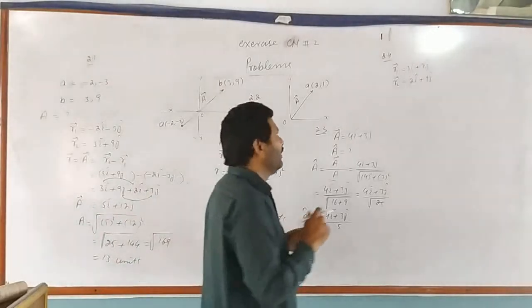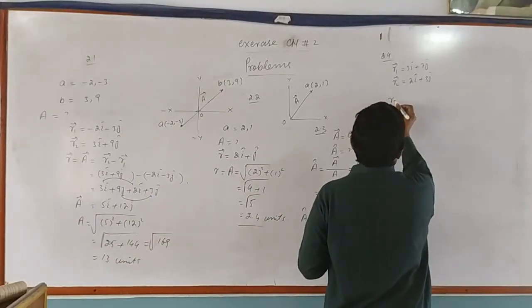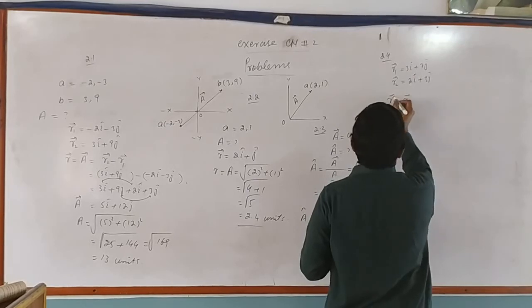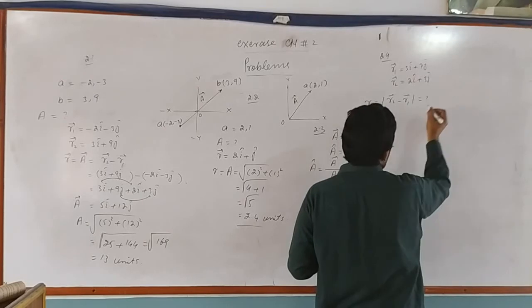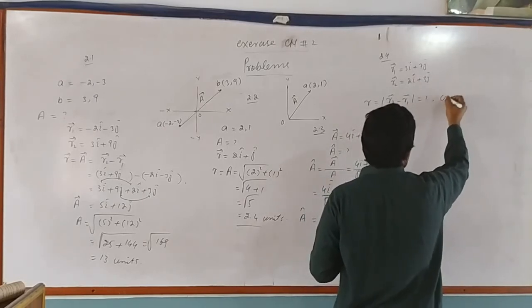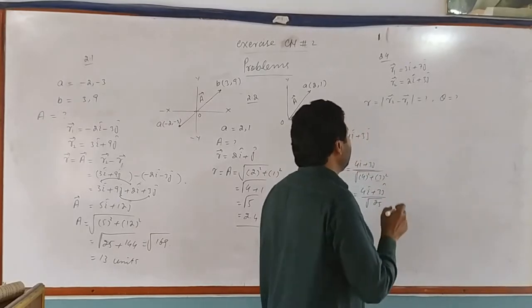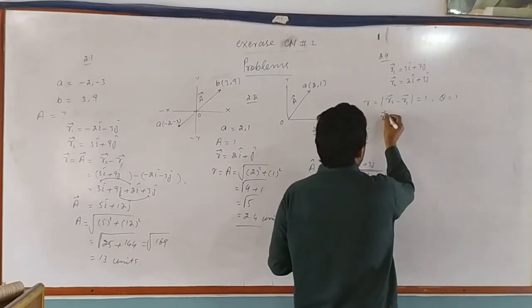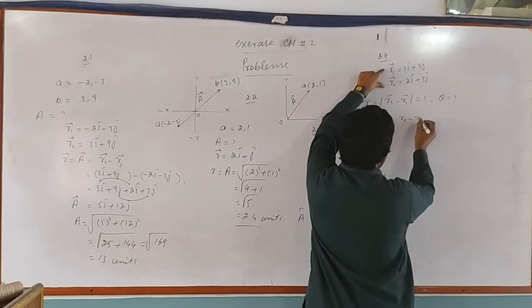We have to find the magnitude of position vector R2 minus R1. Suppose this is R, and for the orientation with respect to the x-axis we have to also find theta. As vector R, the position vector of these two position vectors, will be R2 minus R1.